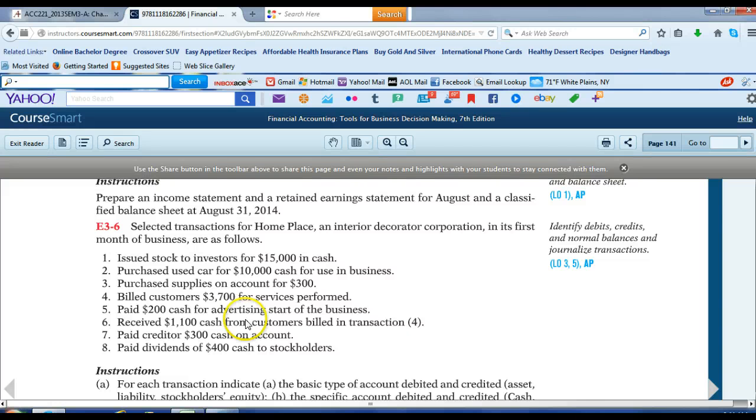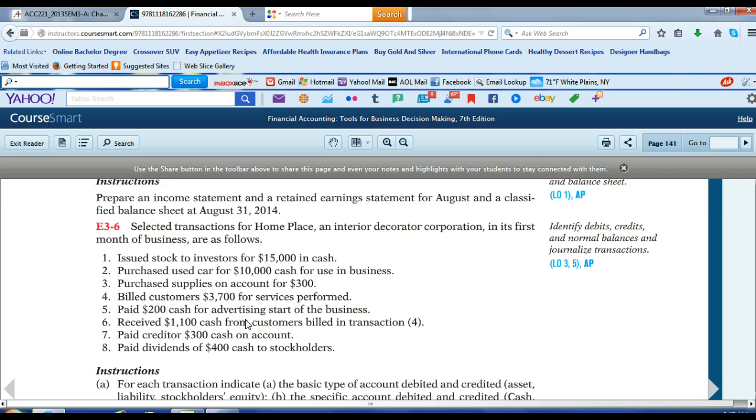Okay, so guys, we're going to go through another problem as it relates to taking transactions. Remember, transactions are those items that will record economic events. And so while there are many activities, not all activities will necessarily become transactions that are reported or recorded.